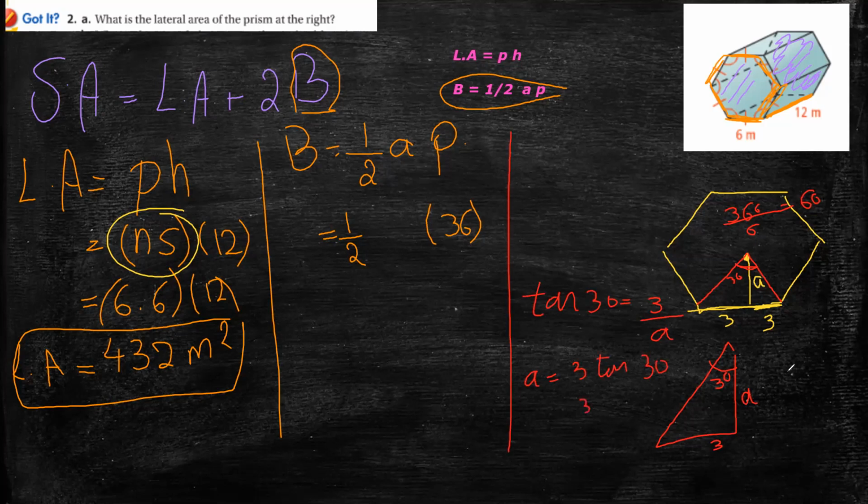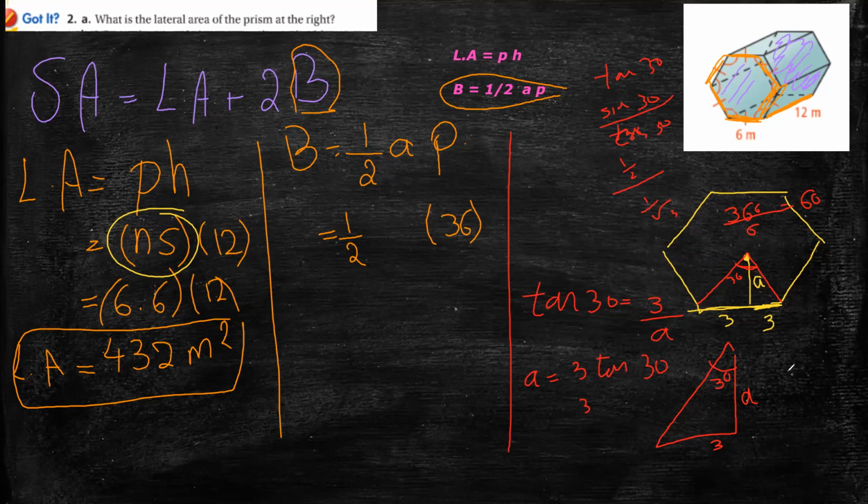Tan 30 is 1 over square root of 3. Yeah, it's not multiplied by it. I will correct it now.